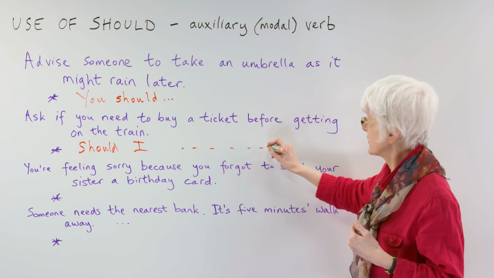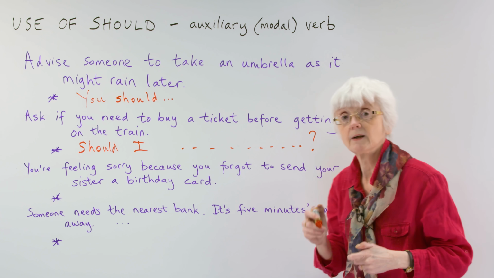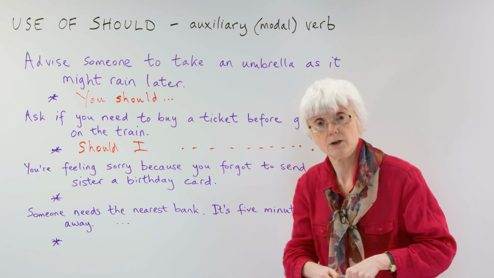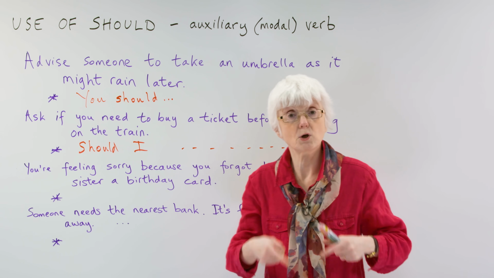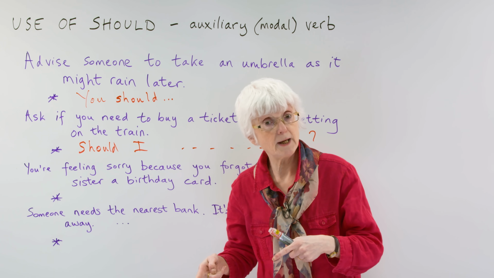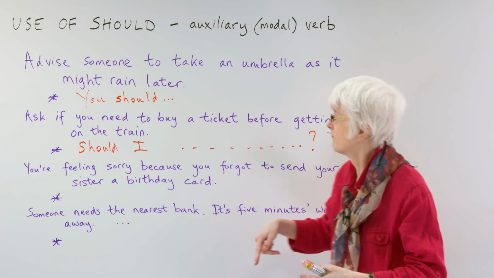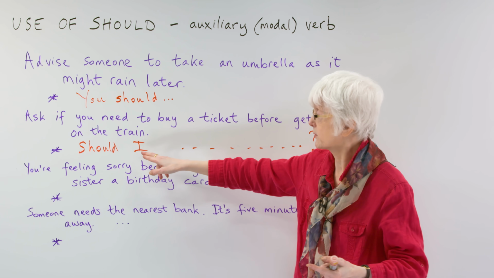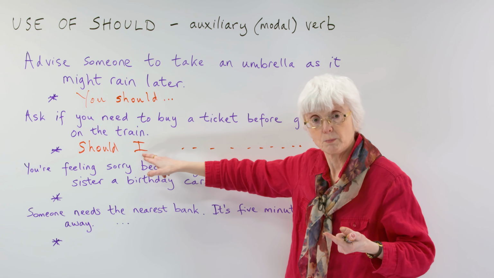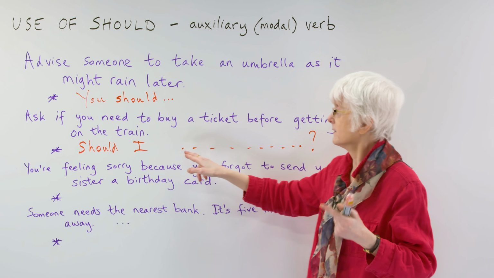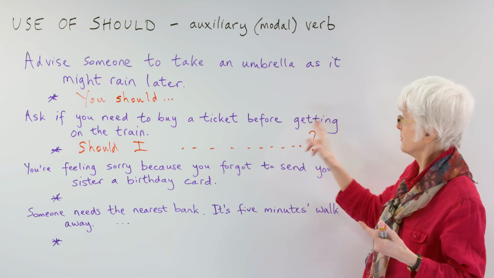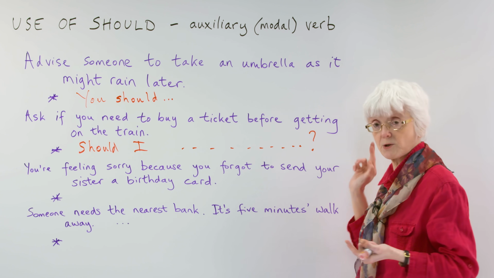All of that stays the same, and then a question mark at the end. If you remember, should we invite the neighbours to our party? So it's should first with a question, then the personal pronoun: should I buy a ticket before getting on the train? Question mark.